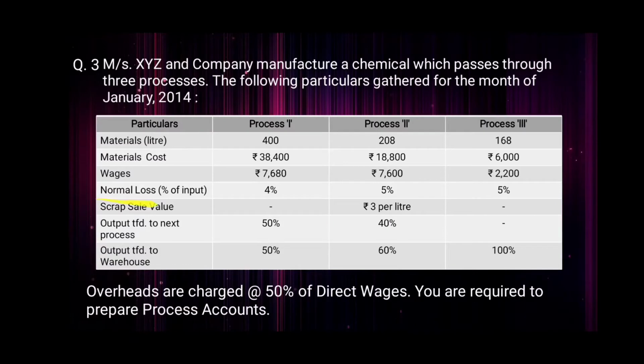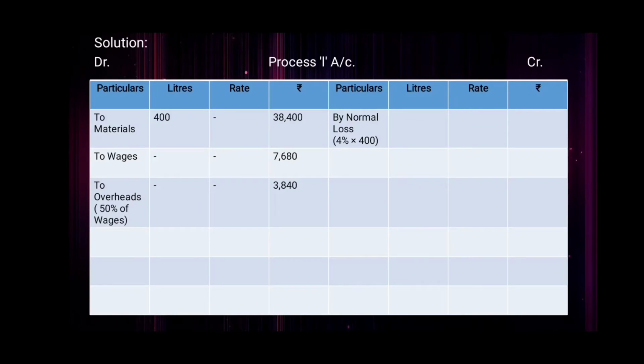Now normal loss, which is the percentage of input. For process 1 it is given as 4% and the value of scrap is not given for process 1 account. So let us record normal loss 4% of input. So input amount is 400. So we'll calculate 16 liters. Scrap value is not given. So the amount will be nil.